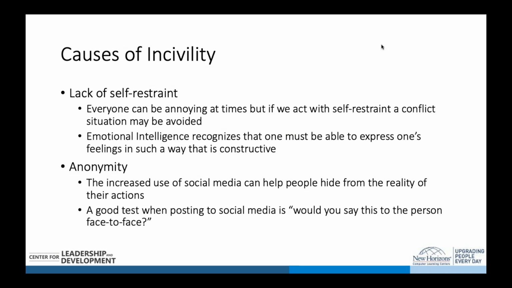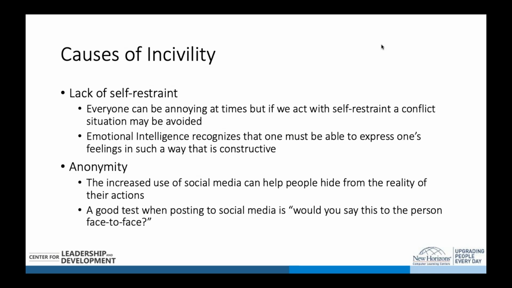Well, we need to be able to put, not filters on what we're saying, but we need to be able to express our emotions in a way that is constructive, and express our emotions clearly, not allow things to really push our buttons where we act instinctively. When we're acting instinctively, it's usually out of something which is acting in anger or something which has upset us. So take the half second or so that you have to slow down, form a response, and again, be civil with people.